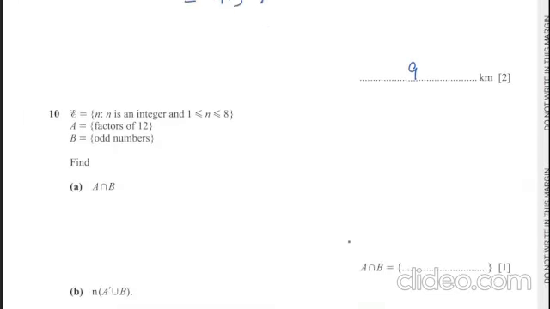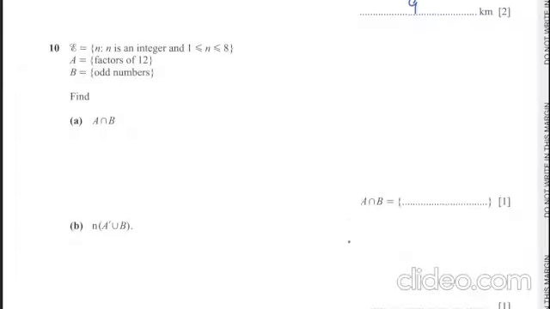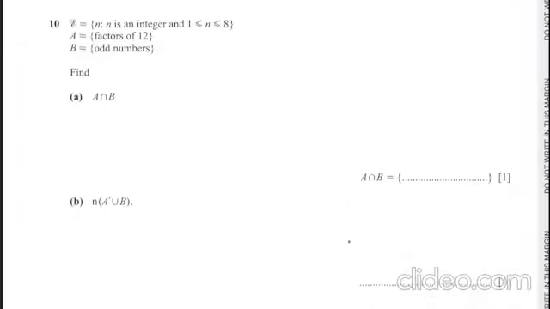Sample space is n such that n is an integer and n is between 1 to 8, 1 and 8 inclusive. A is factors of 12. B is odd numbers. So let's find out the factors of 12 between 1 to 8, because sample spaces are the numbers between 1 to 8. So factors of 12 are 1 and 2 and 3 and 4 and 6.